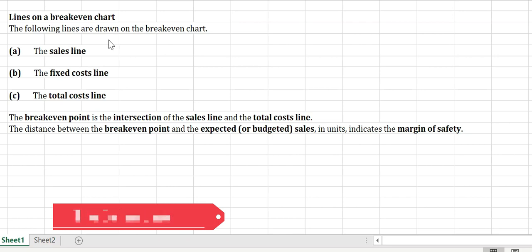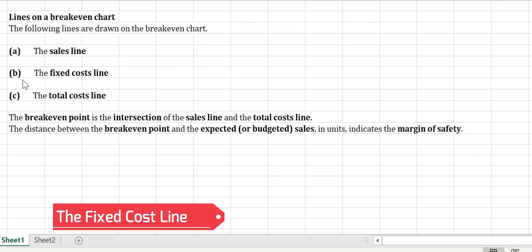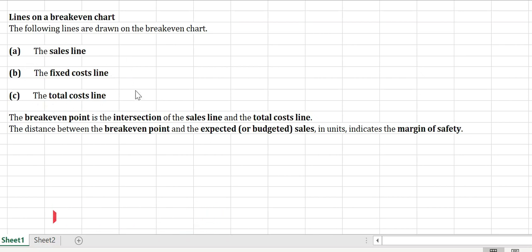This you need to identify based on the expected selling price times the expected number of sales units. Then you need to draw the fixed cost line and the total cost line. So these are the three lines to be drawn on the break-even chart.